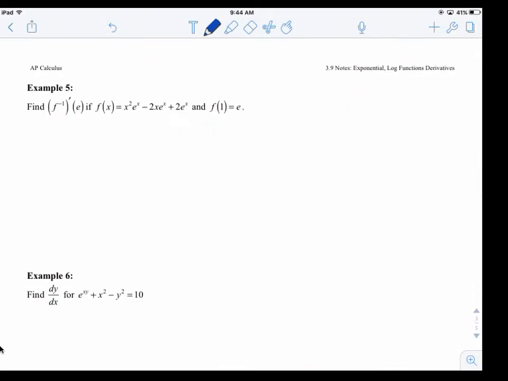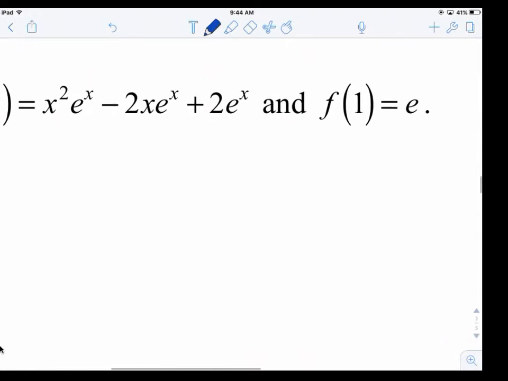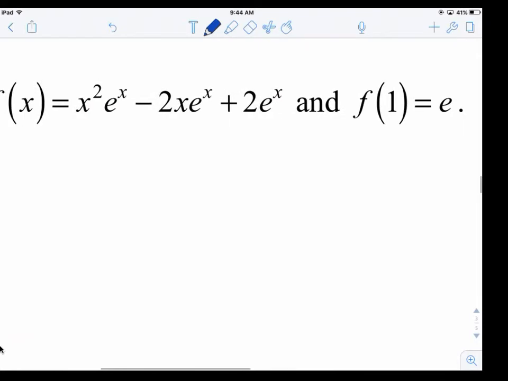Okay, so number 5 goes back to last section. We're asking for the derivative of the inverse of f at e, if f of x is equal to that, and f of 1 is equal to e.